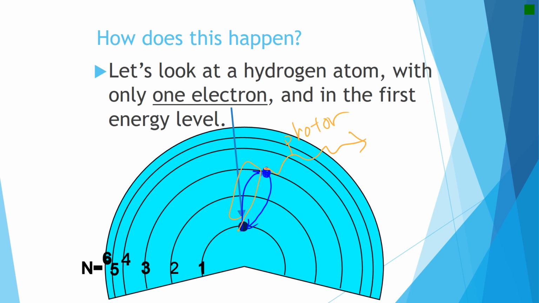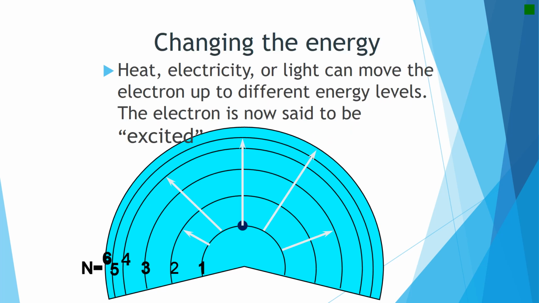We never see this jump of going up in energy levels. What we always see is this energy drop down, because that's when we see our visible light in the photon. Here's an example showing that this electron is going to jump to all these different levels depending on how much energy you put into it.